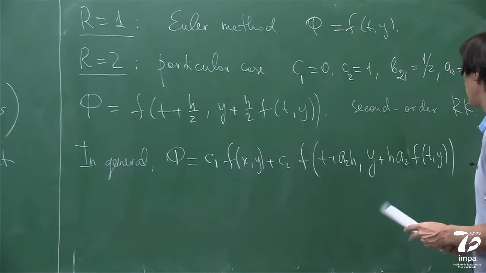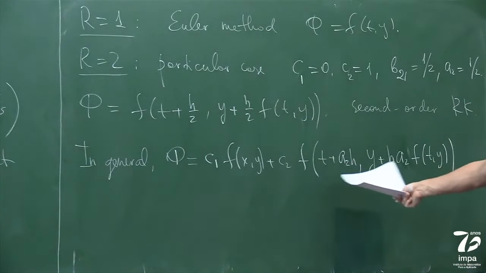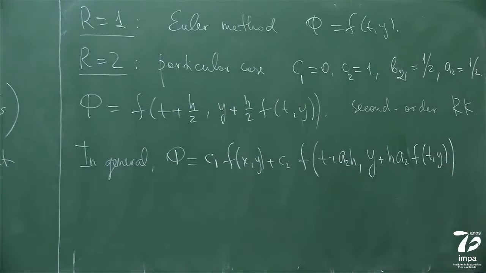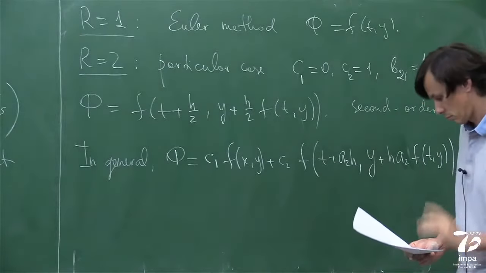So what you see is that instead of the second order method in this form, in principle there are more different combinations which give the same order scheme. So let's find coefficients which will give the same order scheme as this.